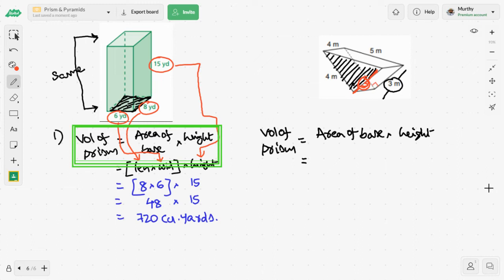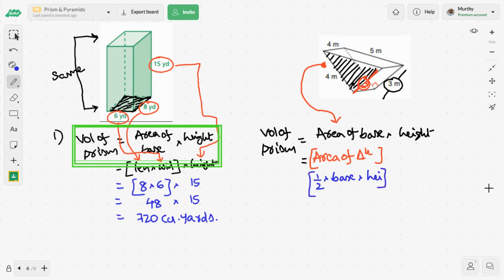Now, what is the area of a triangle? Guys, remember here, area of base means I have to compute the area of the triangle. Therefore, area of triangle, you know, is half times base times height.